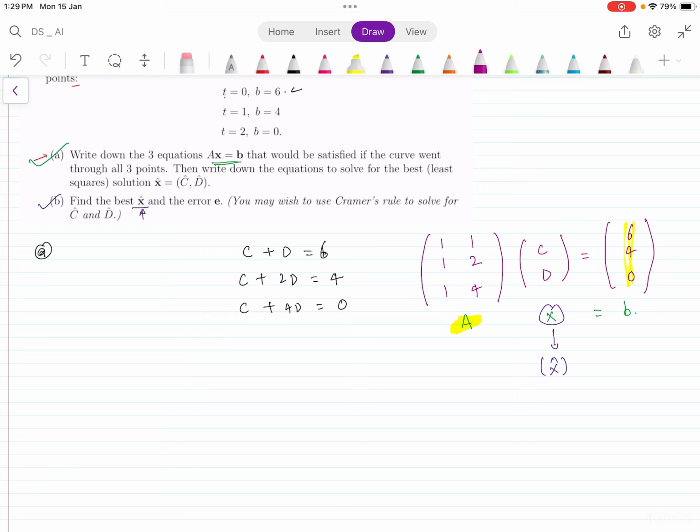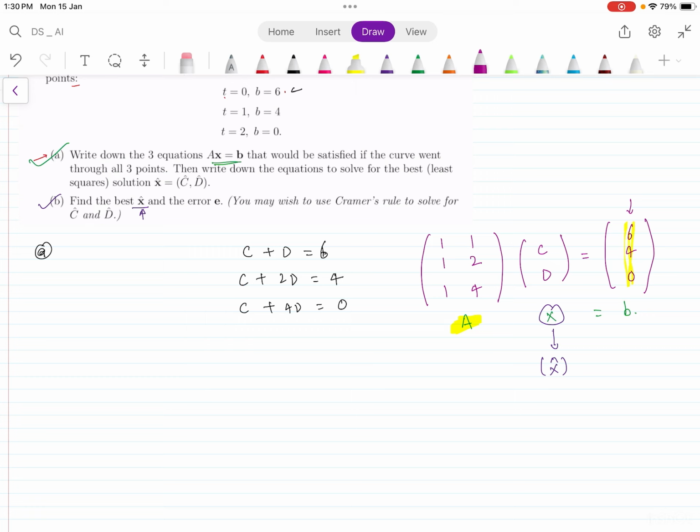But if b is not in the column space of A, then we look for x hat. That means we look not for exactly b, but for the part of b that has been projected into the column space of A. And why are we looking at the projected part? Because that projected part will give you the least amount of error.